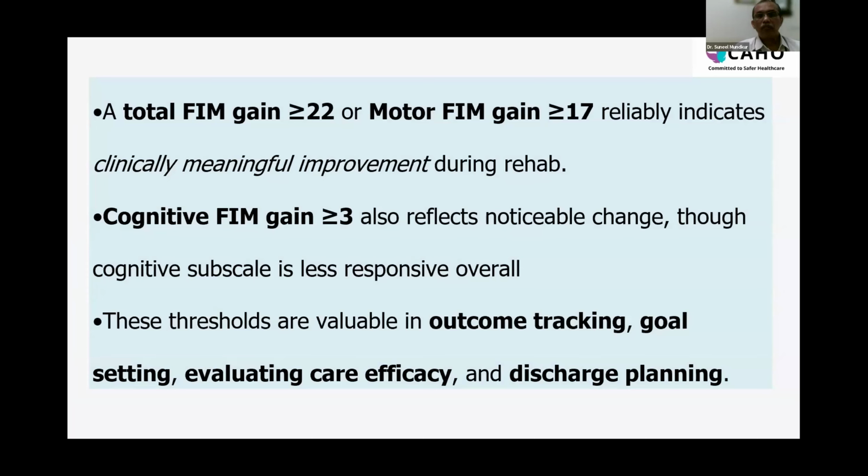A cognitive FIM gain of more than 3 also reflects noticeable change, though the cognitive subscale is less responsive overall. More stress is given to the motor scale rather than the cognitive scale here. These thresholds are valuable in outcome tracking, goal setting, evaluating care efficiency, and discharge planning.